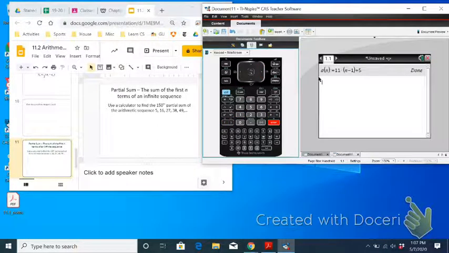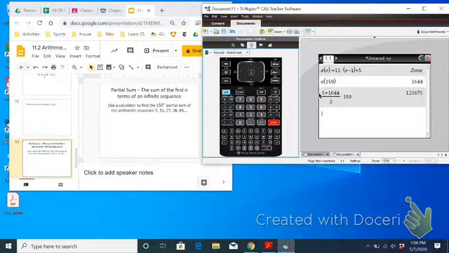If we want the first 150 terms, we need to find the 150th term, which is 1644. Now to use the formula, we're going to do the first term, which is 5, plus the last term, which is 1644, divided by 2 times the number of terms, which is n, in this case 150, since we're doing the first 150 terms.